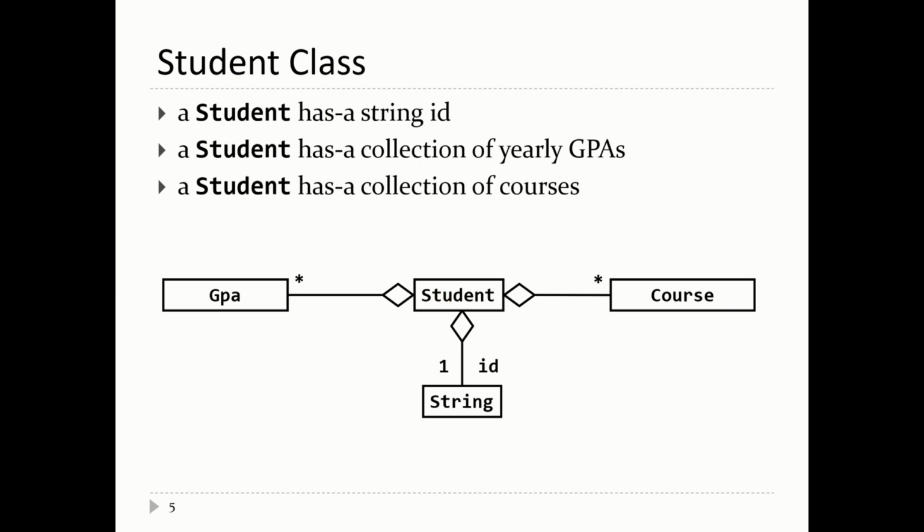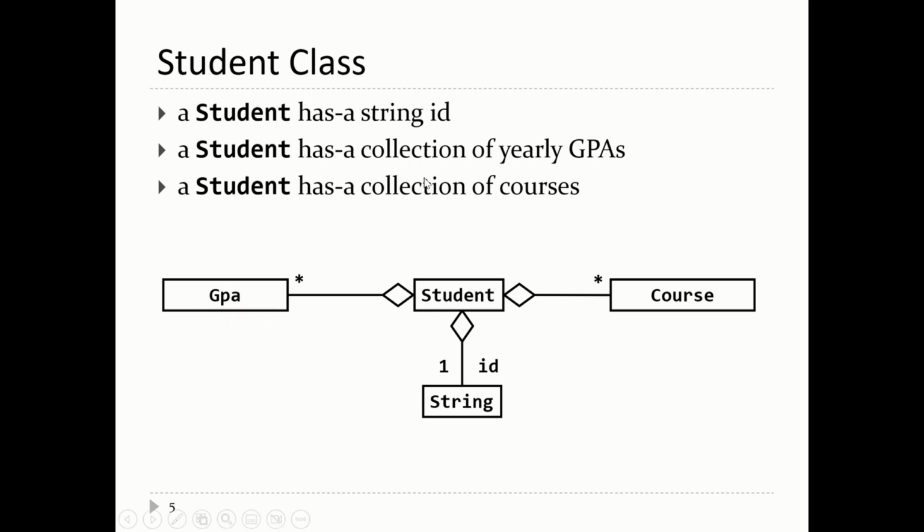Okay, so there's a hypothetical student class. Every student has a collection of GPAs. Every student has a collection of courses. And every student has some sort of ID, probably a student number of some kind. Notice here that this is aggregation. Now, when you have a collection of stuff, when you draw the UML diagram, you don't draw the collection.